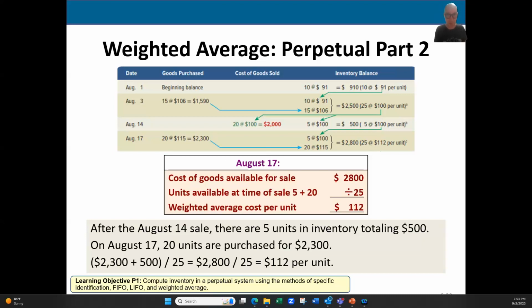August 17th, that average changed because of the additional purchases that we made August 17th. Cost of goods available for sale on August 17th was 2,800 divided by the 25 bicycles that we have available at that time, giving the new average of $112.